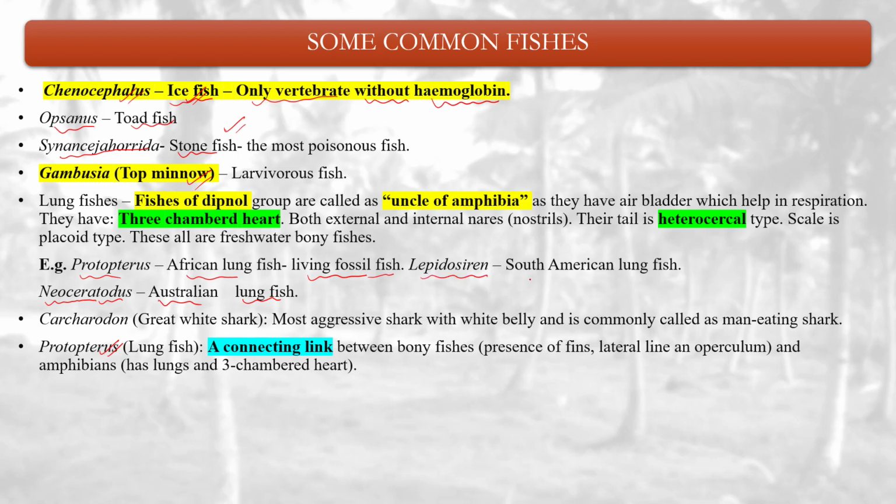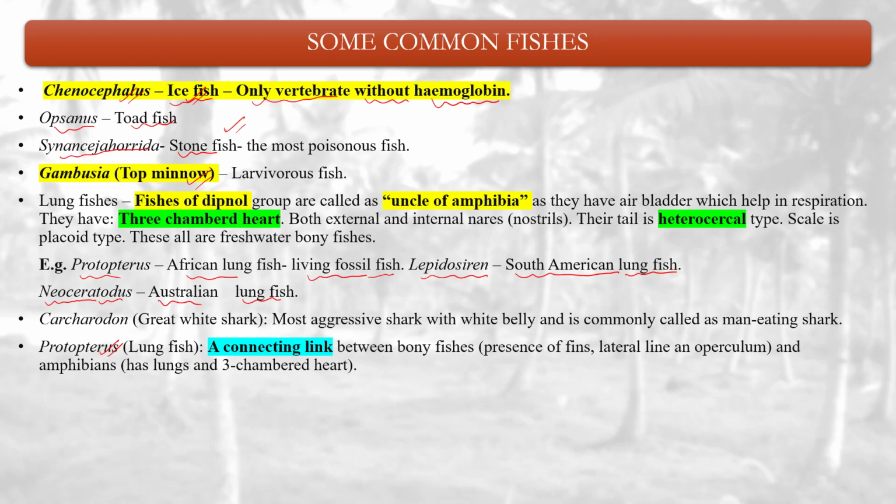Neoceratodus is the Australian lungfish, and Lepidosiren is the South American lungfish. These are the three types of lungfishes.